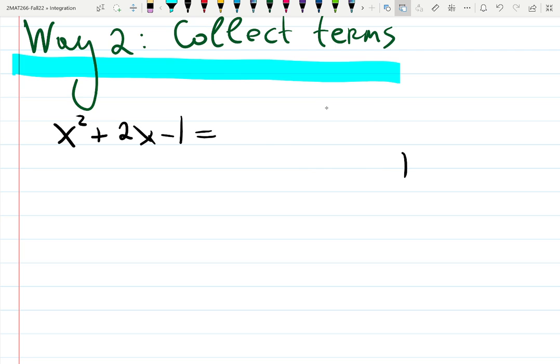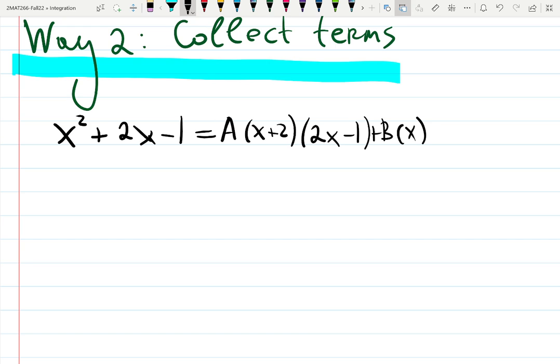Looked one line higher. a(x plus 2)(2x minus 1) plus b x(2x minus 1) plus c x(x plus 2). Put parentheses everywhere. It will save you from losing some negative signs, and in general, it's good. When you type it in, it will save you too.